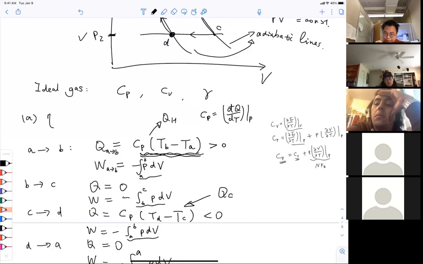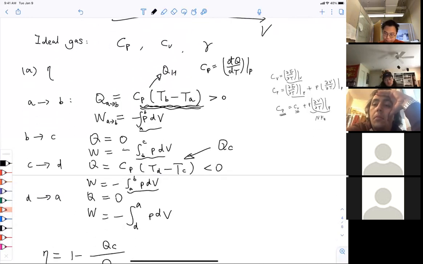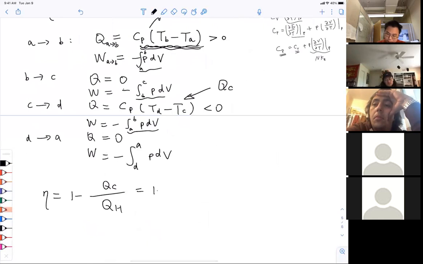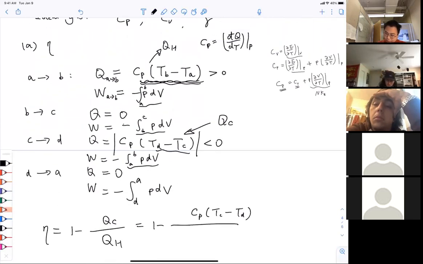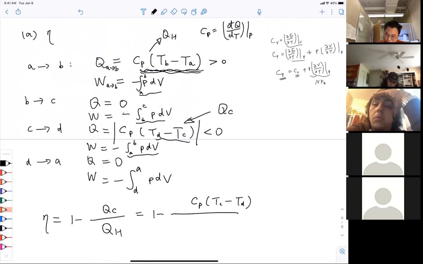QH is the heat absorbed by the system from the hot reservoir. So it's 1 minus Cp (Tc minus Td). Now the absolute value is QC, it's a positive number, Cp (Td minus T).